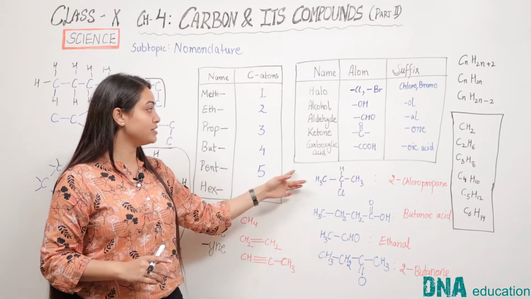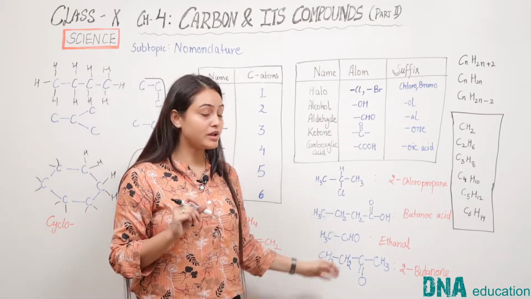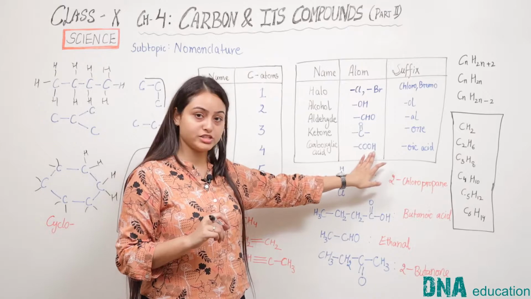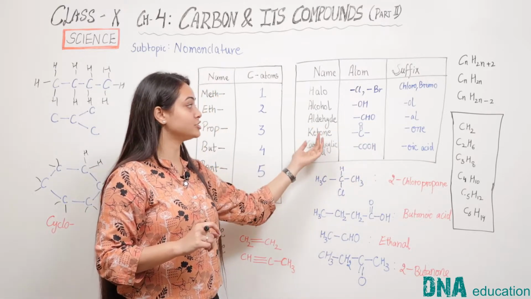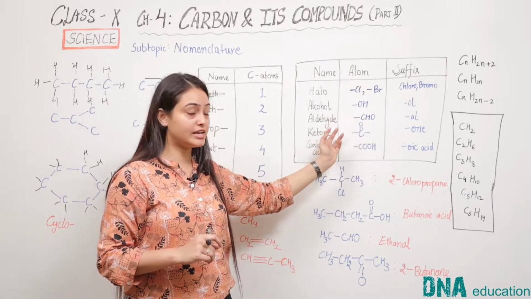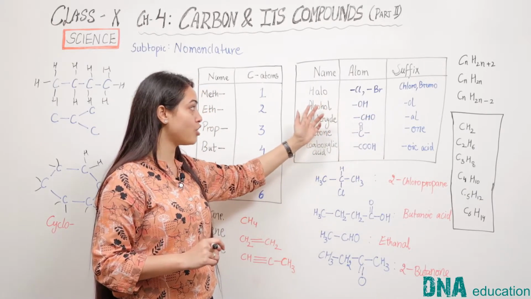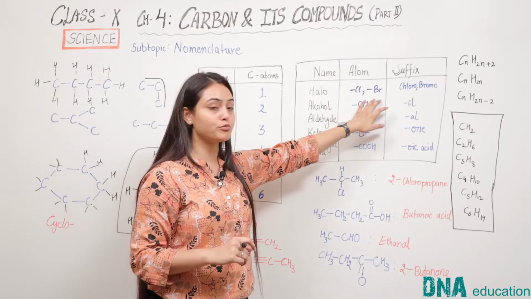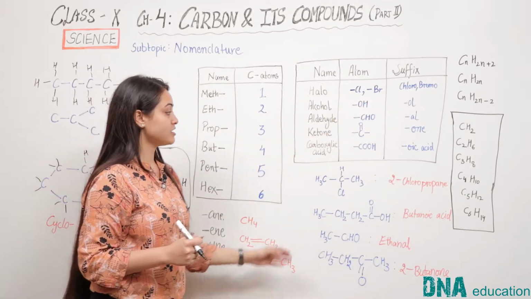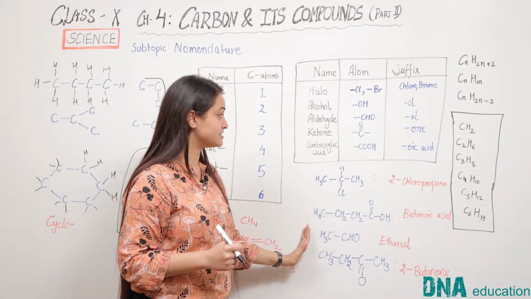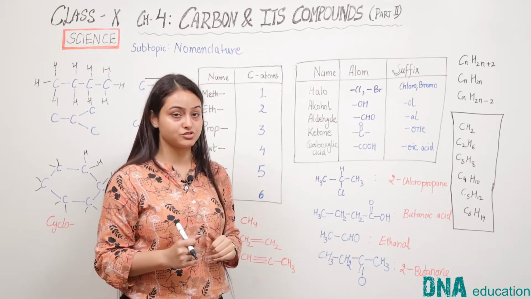So from this table we can conclude that any compound having a COOH group is a carboxylic acid, having a CO group is a ketone, having CHO is an aldehyde, having OH is an alcohol, and having chlorine or bromine is a halogen compound. So now let us look at some examples relating to these nomenclatures.